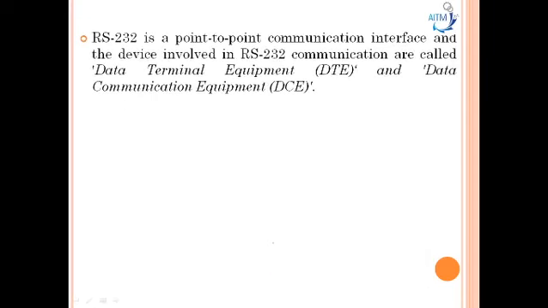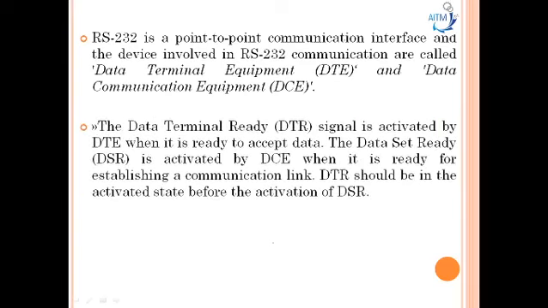RS-232 is a point-to-point communication interface, and the devices involved in RS-232 communication are called data terminal equipment, DTE, and data communication equipment, DCE. The data terminal ready signal is activated by the DTE when it is ready to accept data.